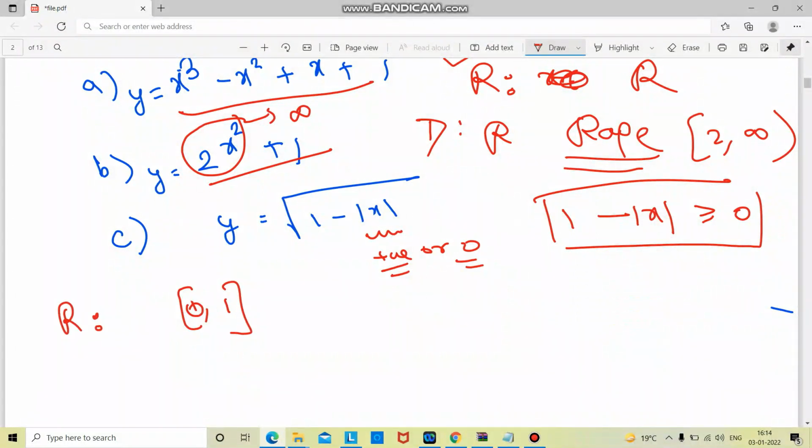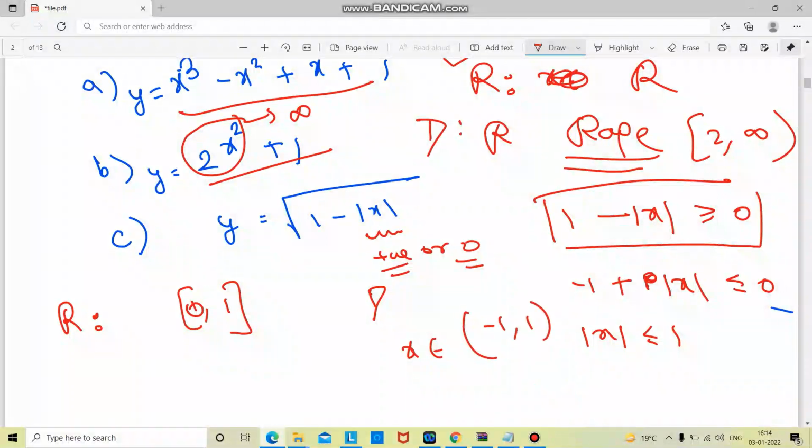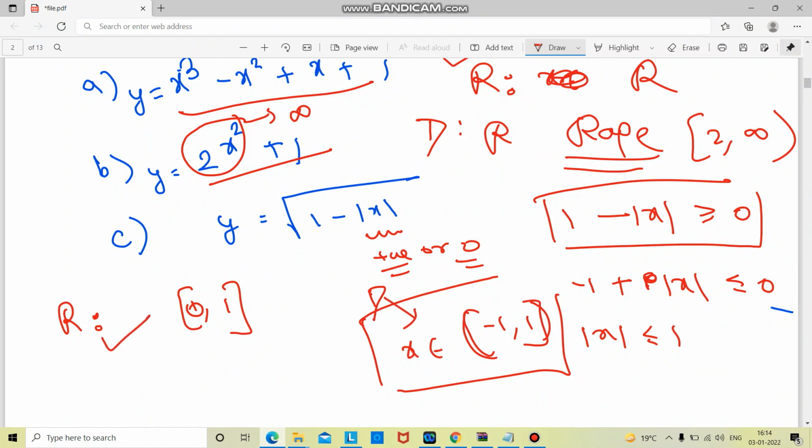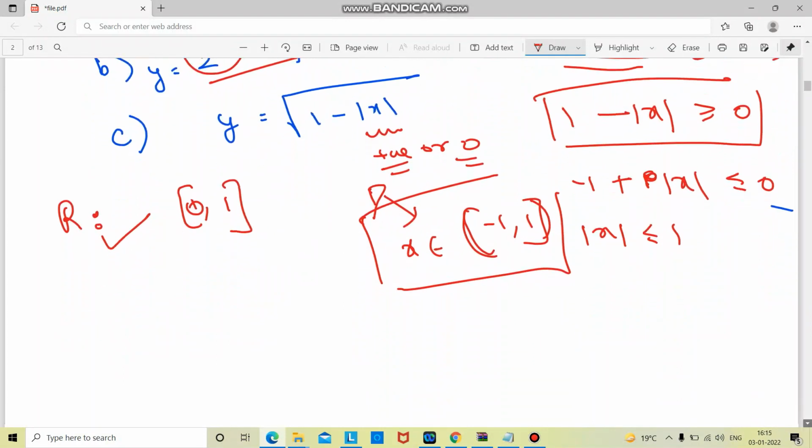And the domain, by solving this and multiplying by -1, you will get -1 plus mod x less than or equal to 0, so mod x less than or equal to 1. So x belongs to -1 to 1. This is the domain and this is the range for C. And I've written them respectively.